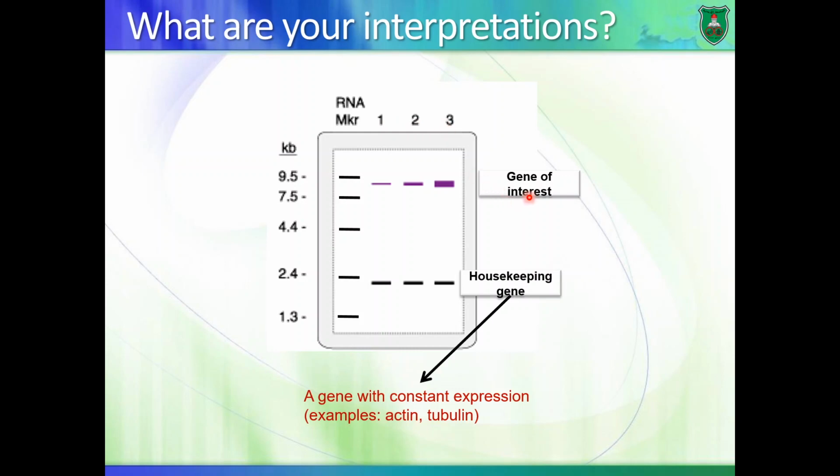That's the gene of interest. We see the band getting thicker in sample 2 versus sample 1, and in sample 3 versus samples 2 and 1. Great. What does that mean? It means that there's a lot more messenger RNA in sample 3 than sample 2, and in sample 2 than sample 1. This means that the gene is expressed more in sample 3 than sample 2, and more in sample 2 than sample 1.